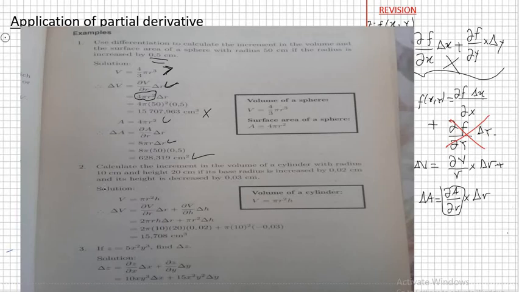So here's another problem. They say calculate the increment in the volume of a cylinder with radius 10 centimeters, height 20 centimeters, and its base radius is increased by 0.02 centimeter, and its height is decreased by 0.03 centimeter. Here you need to pay attention to words like increased or decreased.